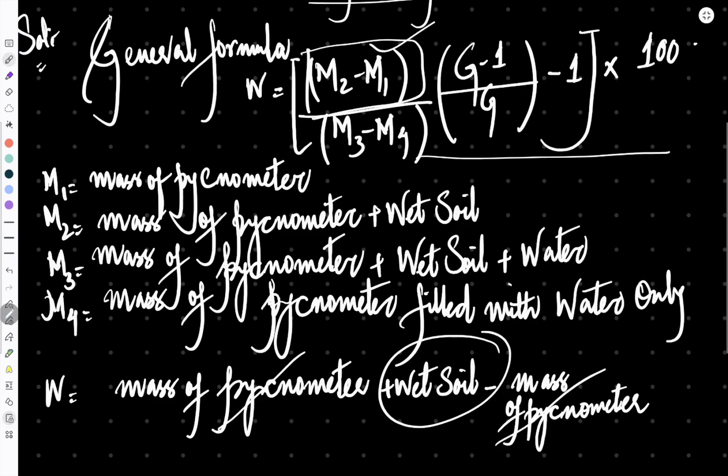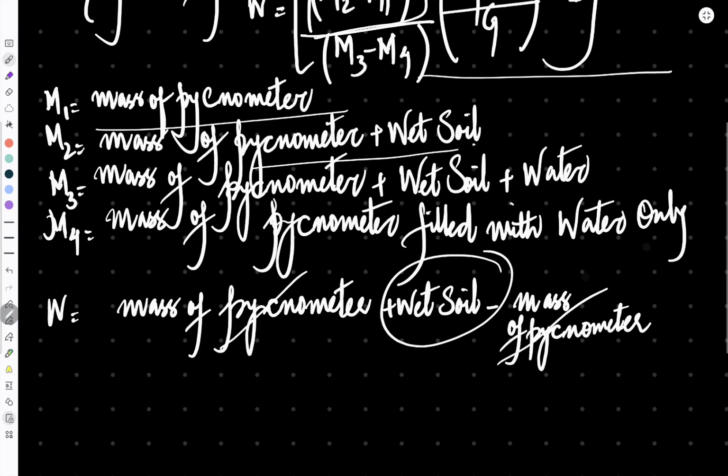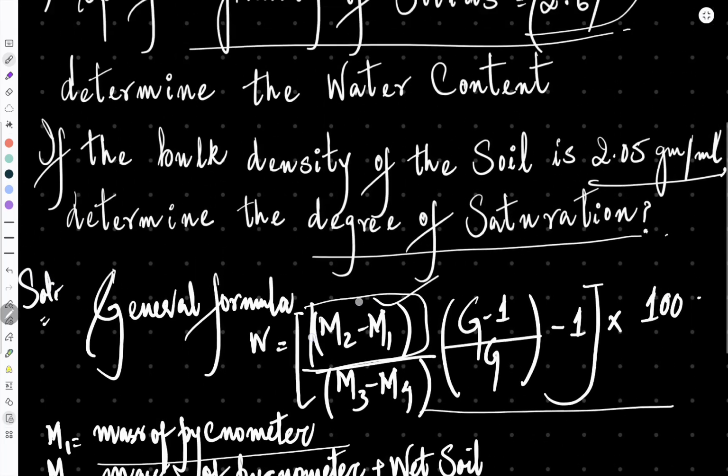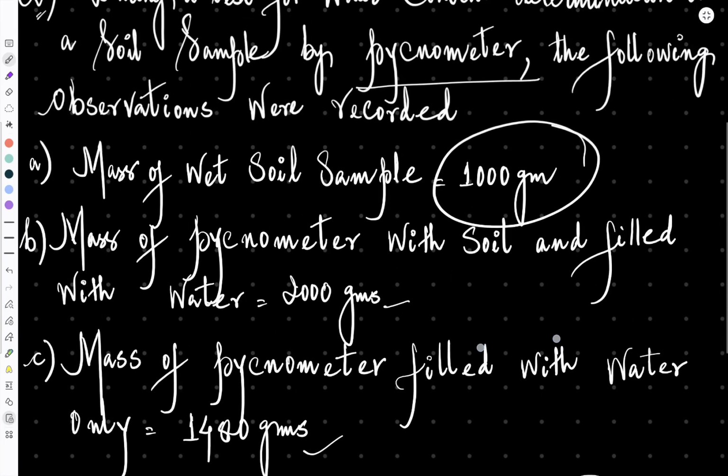The data provided by the question didn't have the mass of the empty pycnometer. It rather has given us the mass of the wet soil sample. M2 is the mass of pycnometer plus wet soil, and I have to subtract M1, the mass of pycnometer, from this. So these cancel, and we are left with the mass of wet soil sample, which is given in the question as 1000 grams.